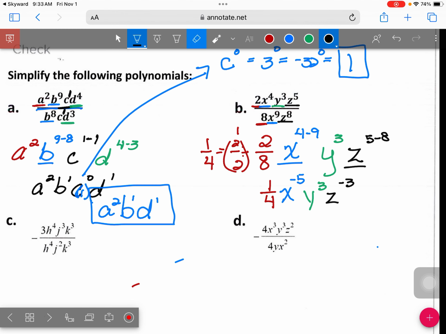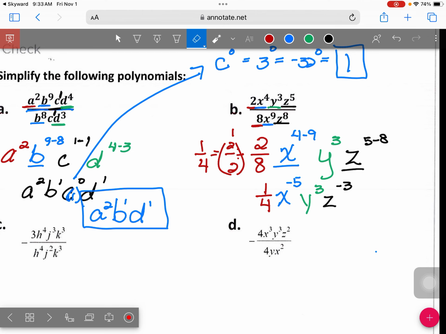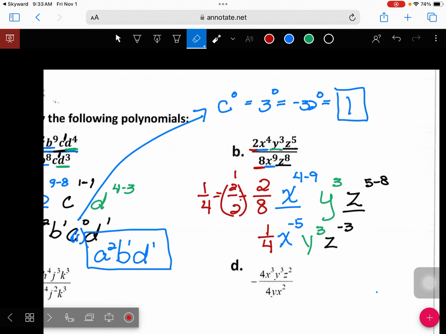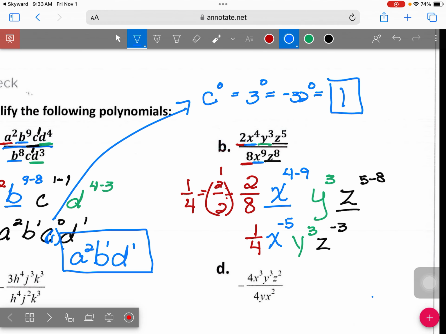Now, just because I said we can have negative exponents doesn't mean we're going to keep them negative. Because if you look at all of these, there are no negative exponents. So if you have a negative exponent, and this is another thing that might come up a little bit later, okay? Z to the negative 3 means that you are going to put this whole thing down in the denominator. So it's going to become 1 over z to the 3rd.